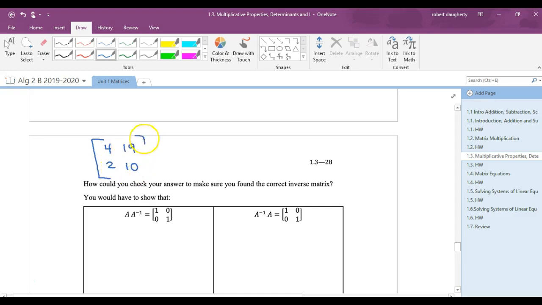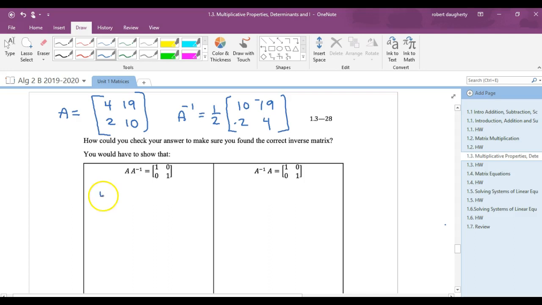Was that it? That was A. And then we found the inverse. I'm going to leave it like this. That's what we said the inverse was, right? Is that what we found a minute ago? So I'm going to multiply A times A inverse, and I should get the identity.